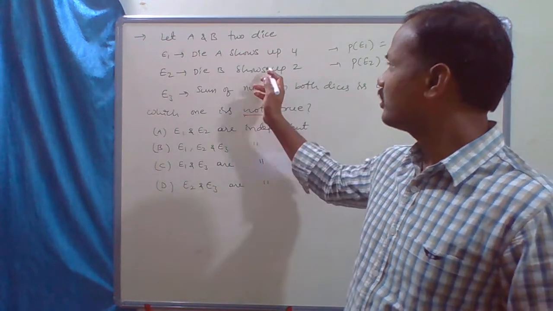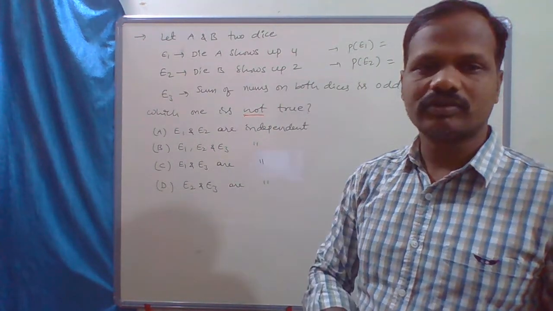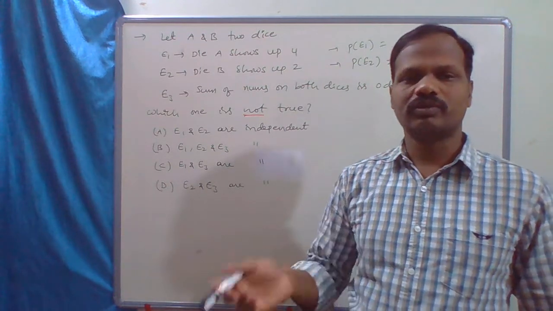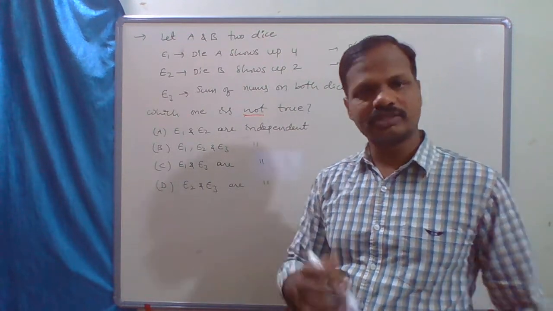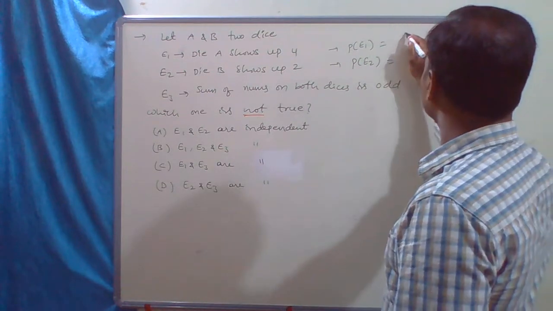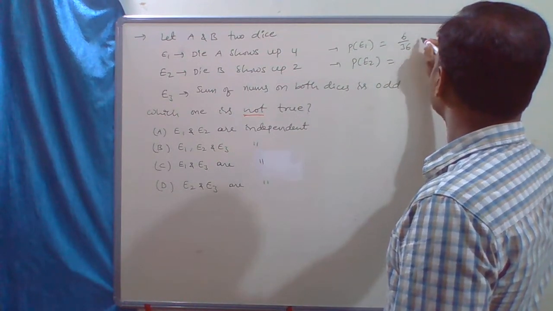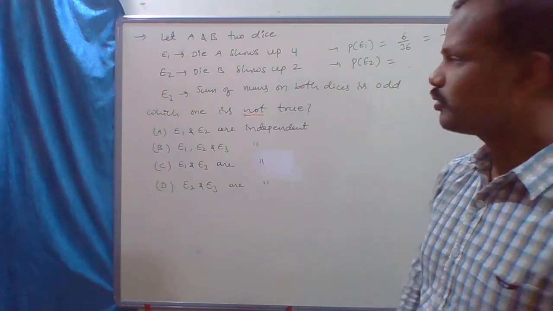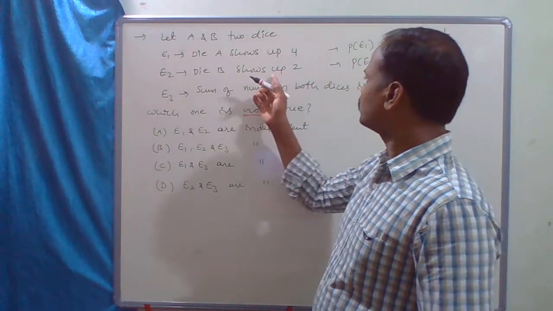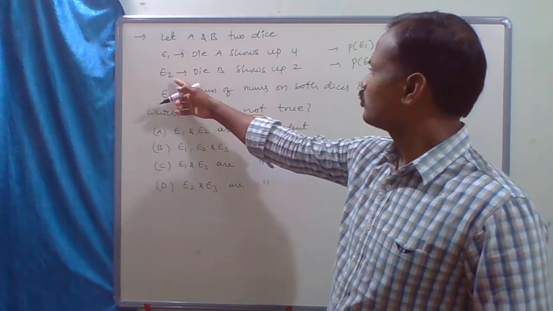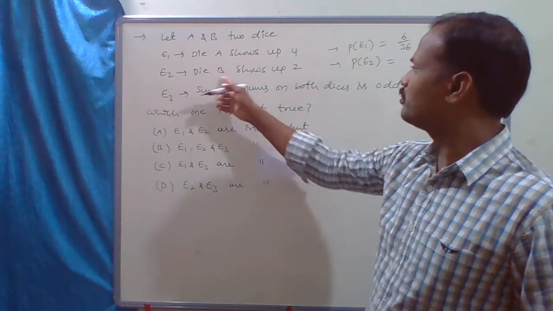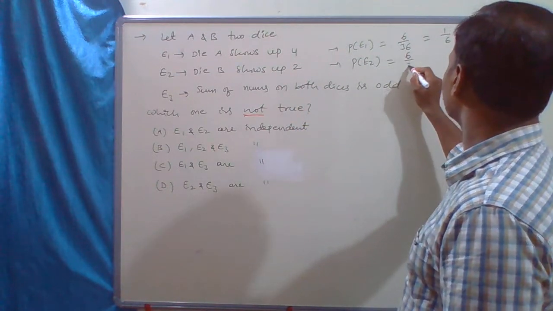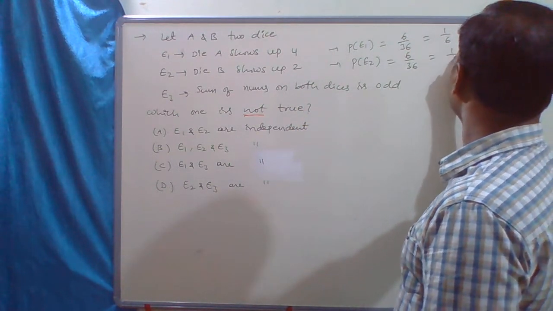But die A should show 4, so the possibilities are 4 1, 4 2, 4 3, 4 4, 4 5, 4 6, so 6 possibilities. So 6 by 36, which is 1 by 6. So probability of E2, that die B shows 2, here also 6 possibilities, that is 1 by 6.